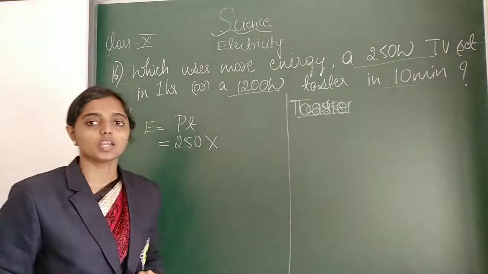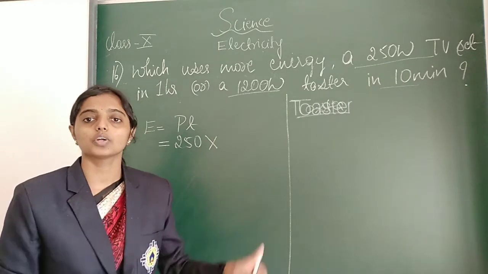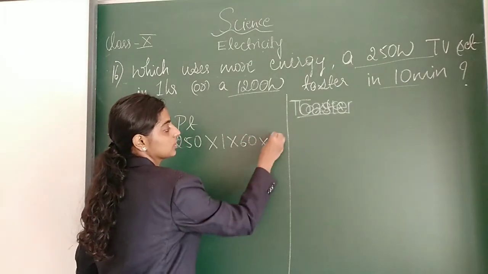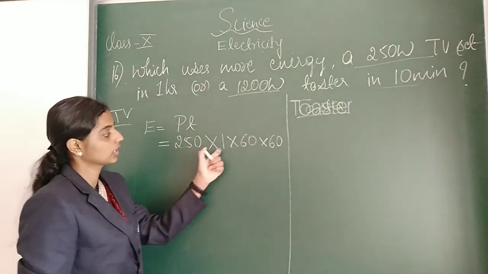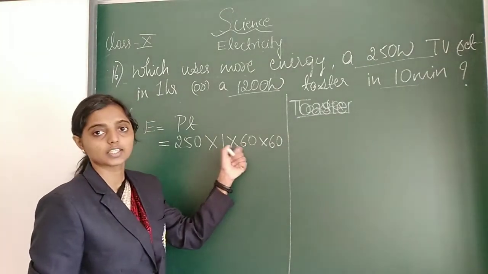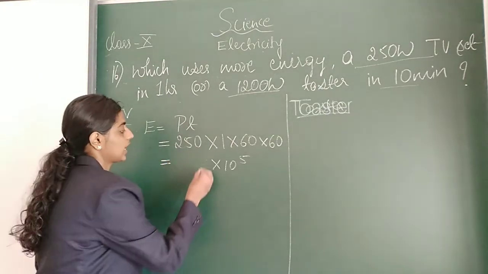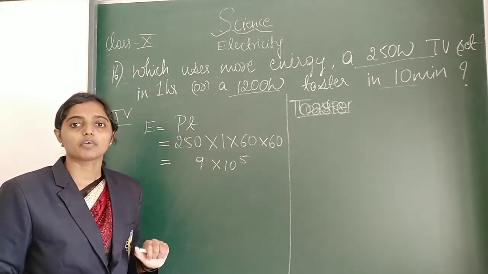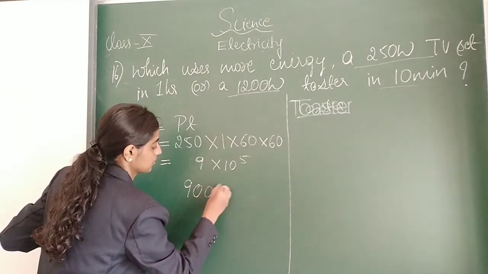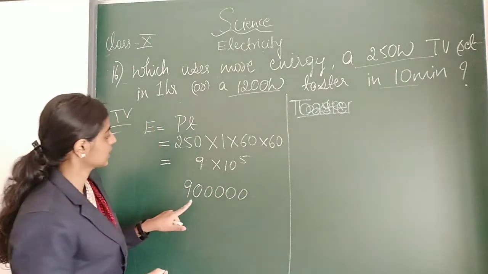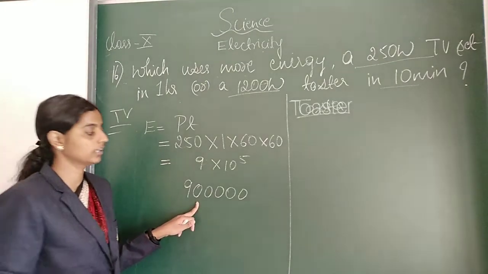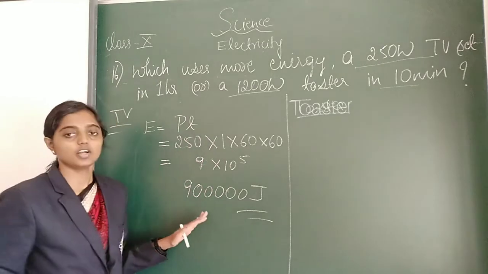Time is given as 1 hour, that 1 hour we should convert into seconds, that means 1 into 60 into 60, minutes into seconds. Either you can write after converting directly, or you can convert directly in this equation. So we will get the answer 9 into 10 to the power 5. 9 into 10 to the power 5 means we will get 5 zeros. So this is the answer, and what we are finding, the SI unit of energy or heat will be joules. So this is our first answer.